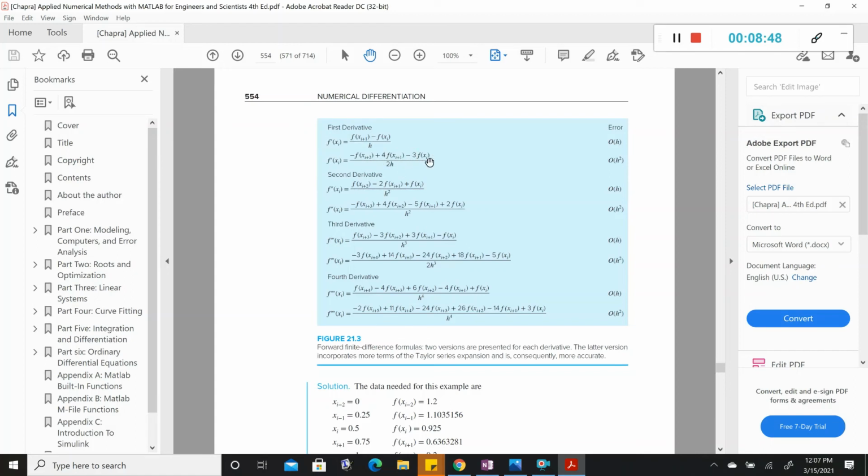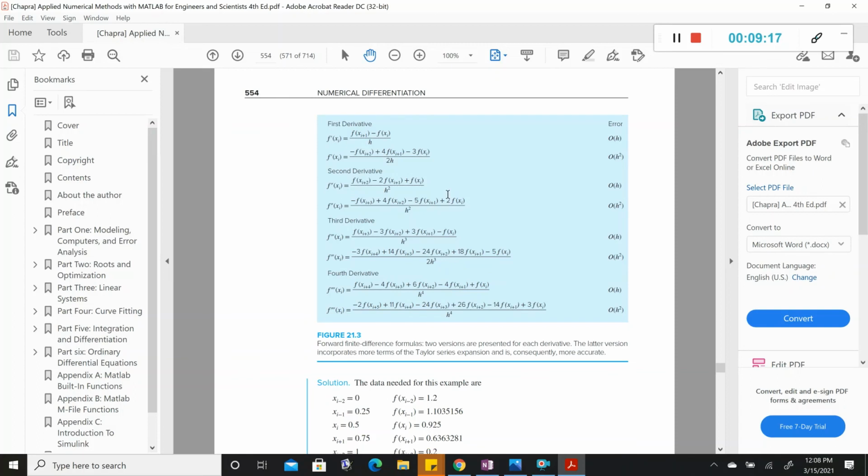In fact, this is the one we just came up with. And you can see it's more accurate than the one above it. And again, this is expected because we used more terms from the Taylor series. You can also see the second derivative formula that we derived. But you could imagine that we could do a similar process to come up with all these little formulas here.